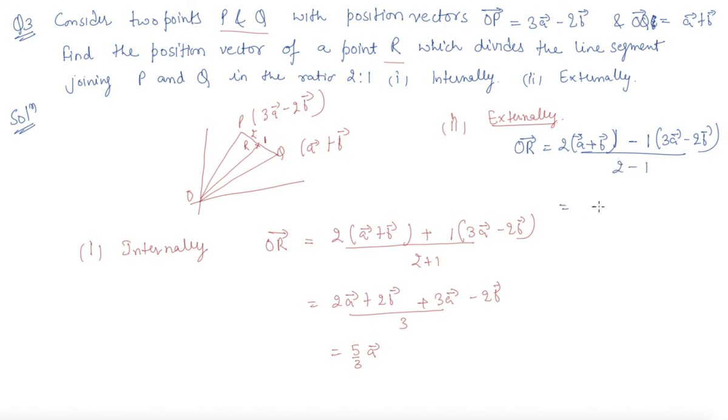So we are left with minus a plus 4b upon 1. I can rewrite it as 4b minus a vector. So this is the OR vector when it divides externally.